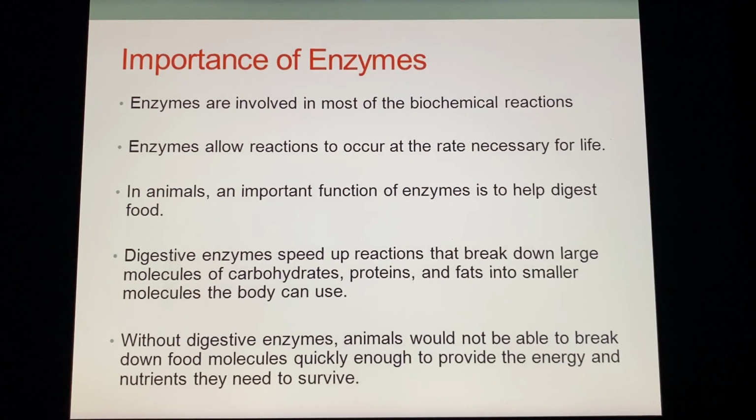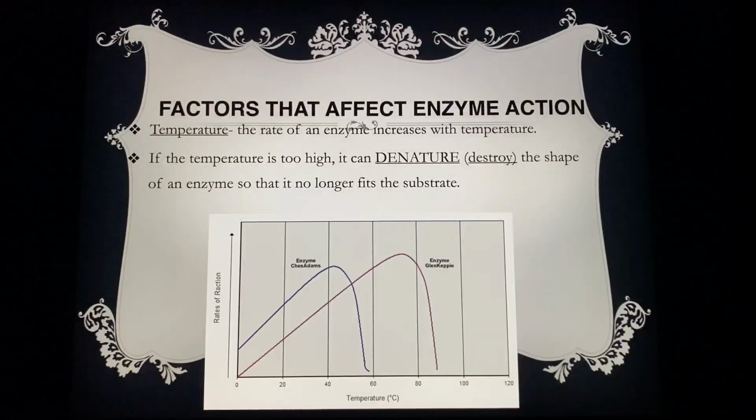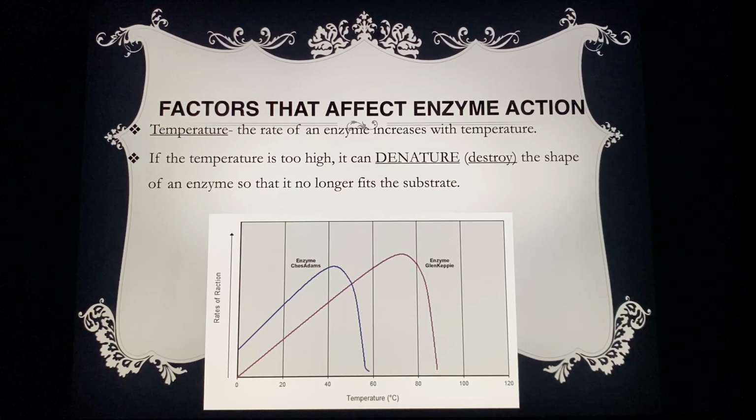Digestive enzymes speed up reactions that break down large molecules of carbohydrates, proteins, and fats into monomers, smaller molecules that the body can then use. Without digestive enzymes, animals or humans would not be able to break down food molecules, the biomolecules, to provide the energy we need in order to survive. So the body needs sustenance.